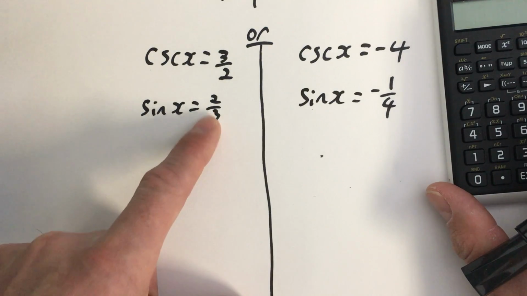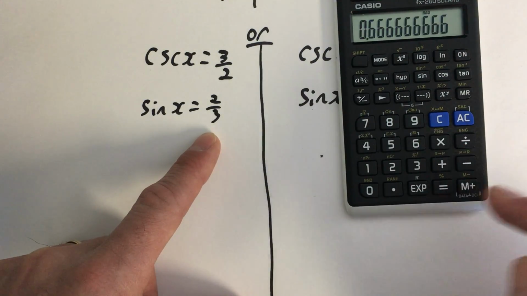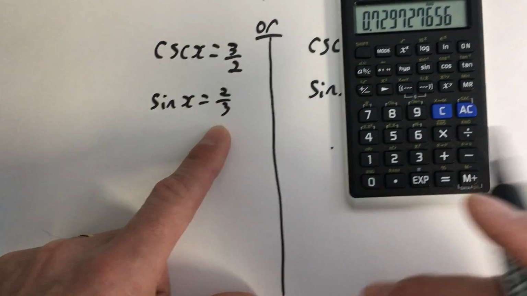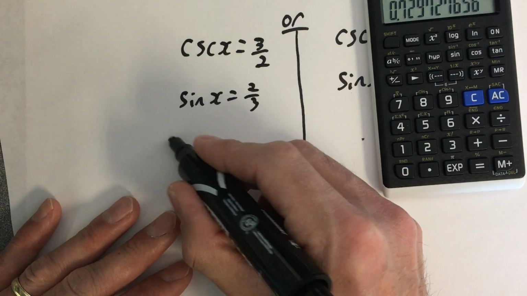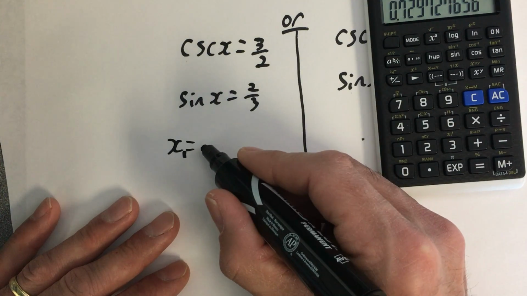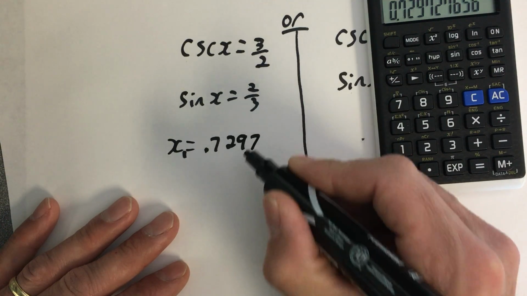And if the sine of x is 2 over 3, I'll take 2 over 3 and find the arcsine, that's sine to the negative 1. So my first x value, x1, is 0.7297.